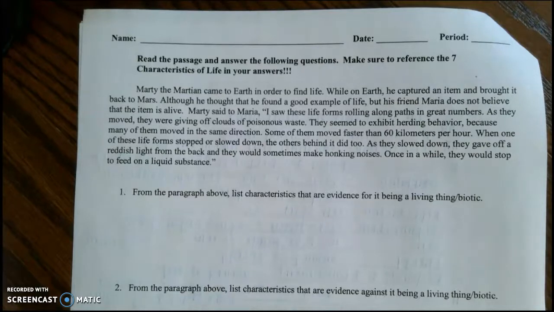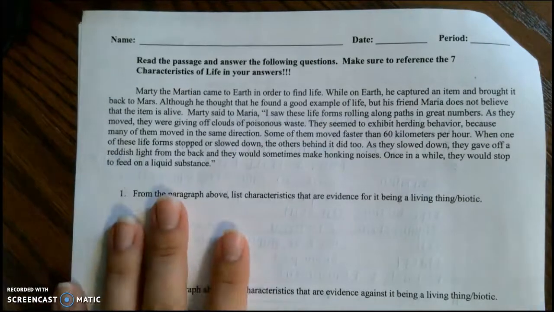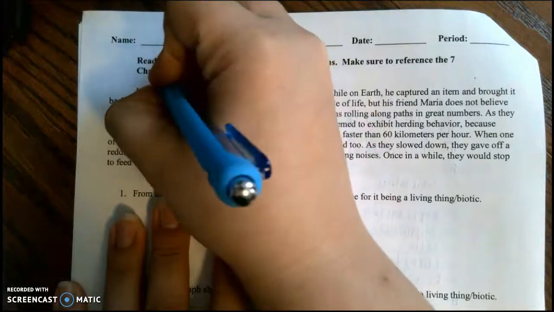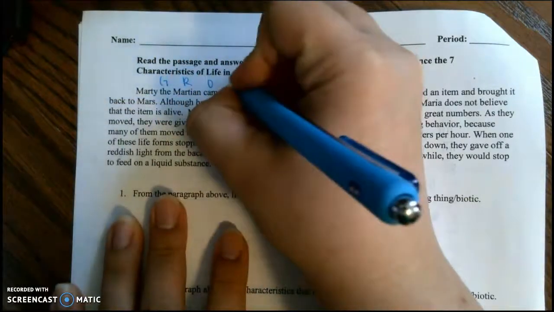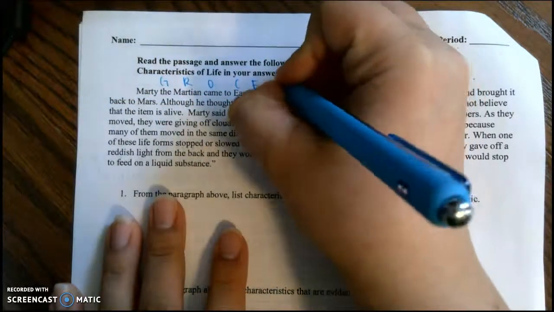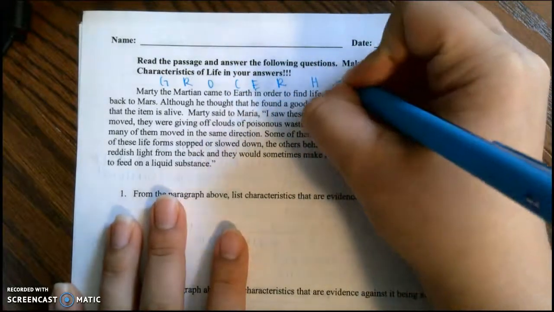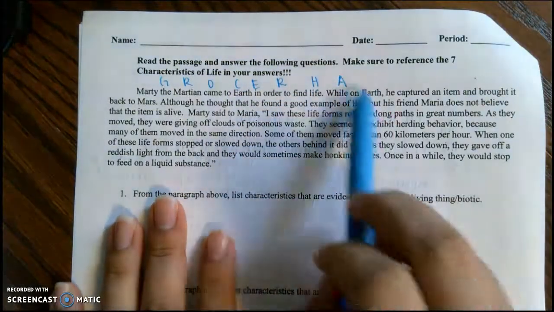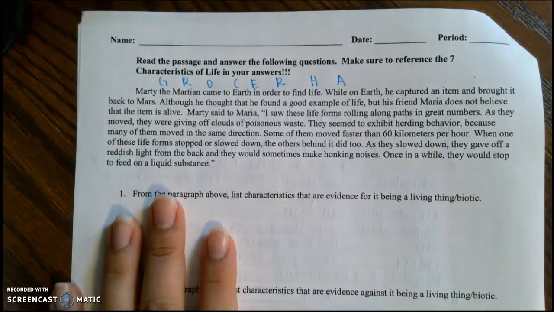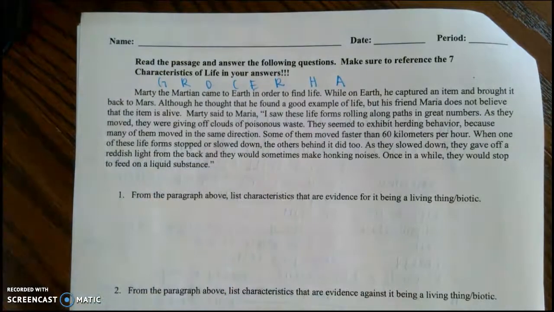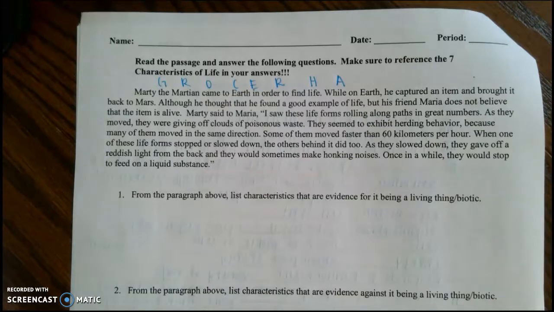So remember that if it's going to be biotic, it has to meet all of the requirements, which I'm going to put the letters up here. And I did want you to sort all of them, remembering that even if it did not meet one of them, then that would mean automatically it's abiotic.